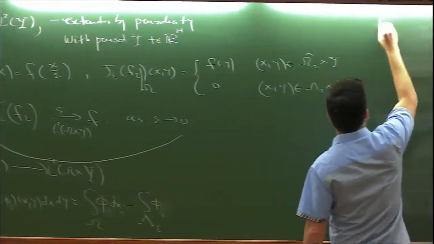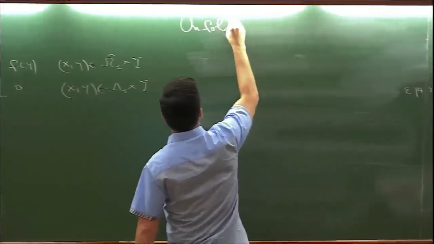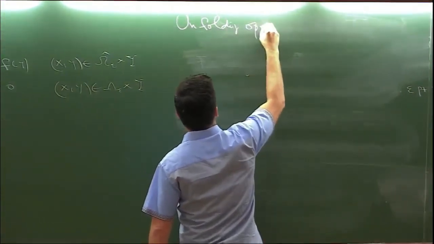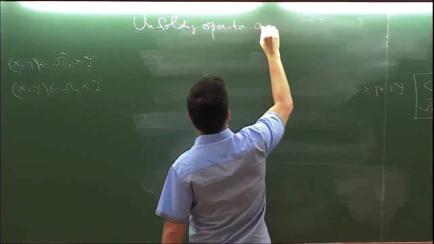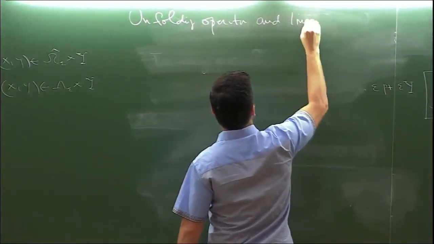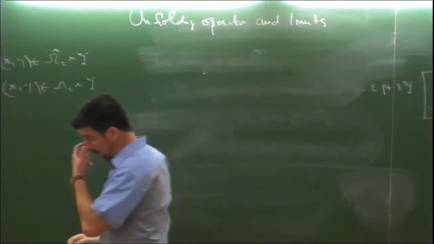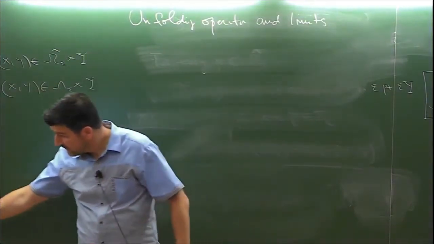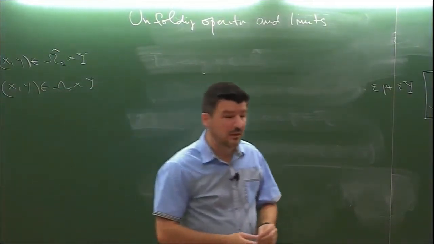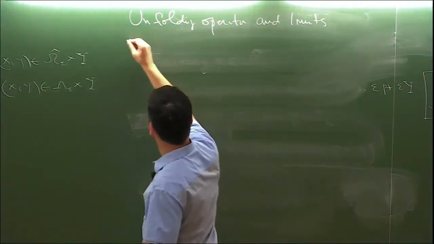So let's see, unfolding and limits. Okay, so now before going there, we need to understand exactly what we mean by the unfolding identity. So we'll make this convention.